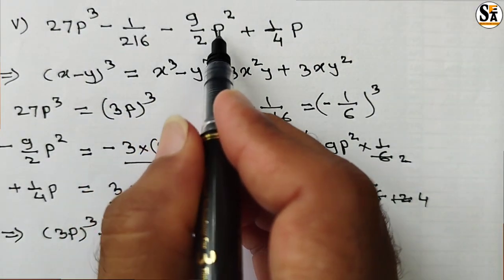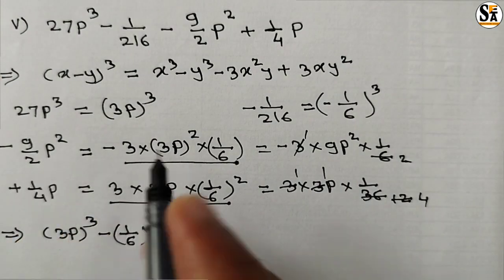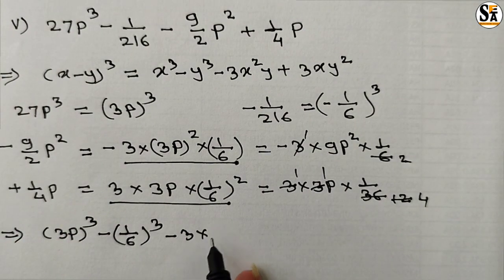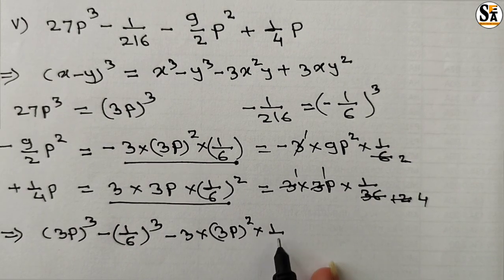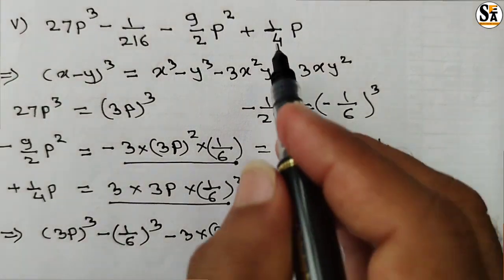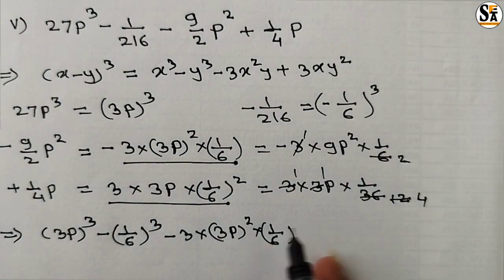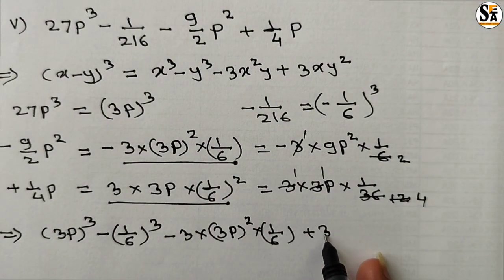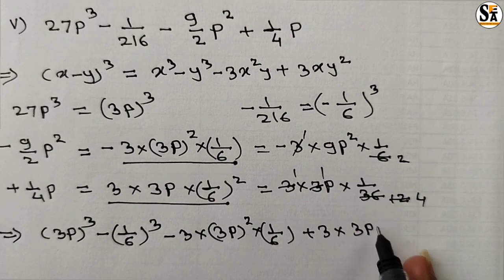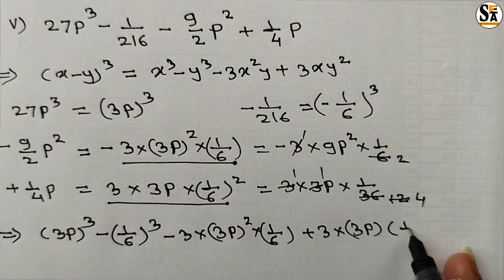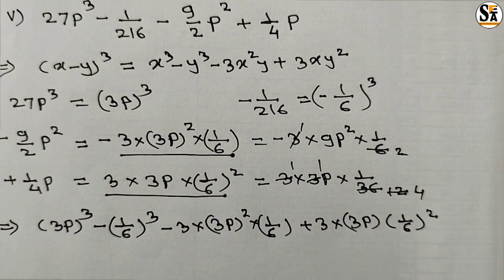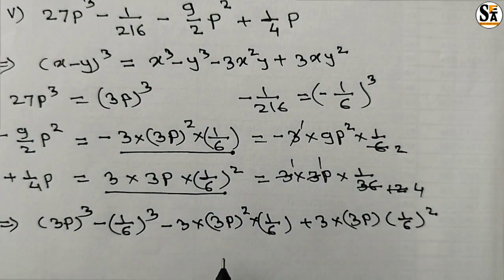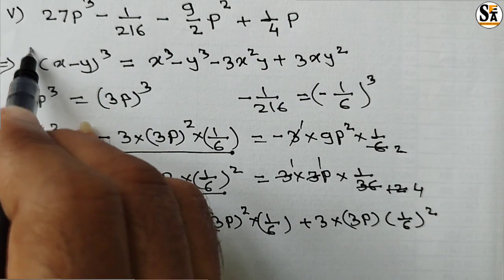For minus 9 upon 2p square, write minus 3 into (3p) square into 1 upon 6. And for 1 upon 4p, write plus 3 into 3p into (1 upon 6) square. Isn't it? So we have converted each and every term for our convenience in this format.